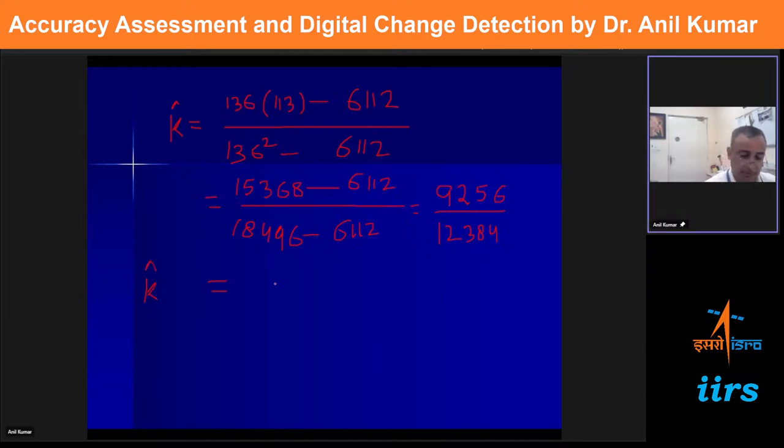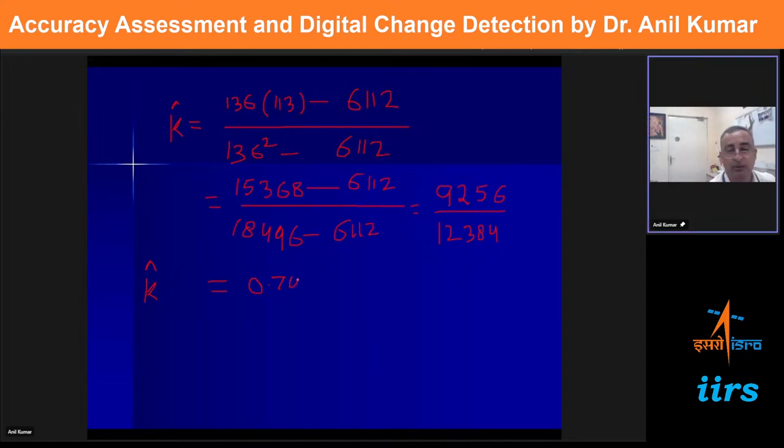So this is 9256 divided by 12384. It is coming to 0.74.